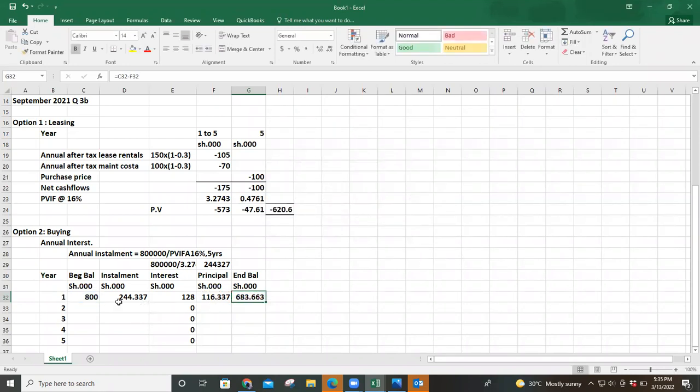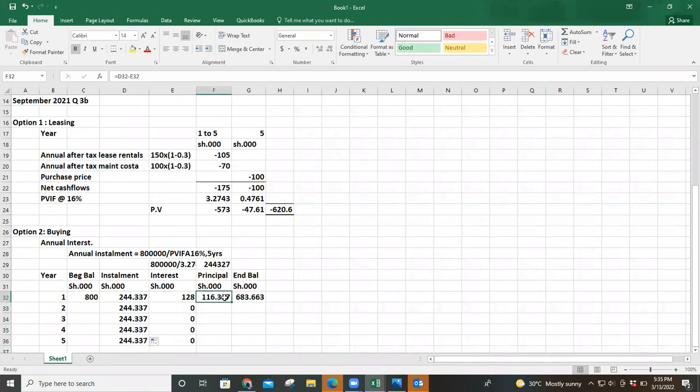So as we started the year we had a loan of 800,000. In that year we repaid 116.375, and that is it. So you can track our principal. The installment is always fixed for each of the 5 years.